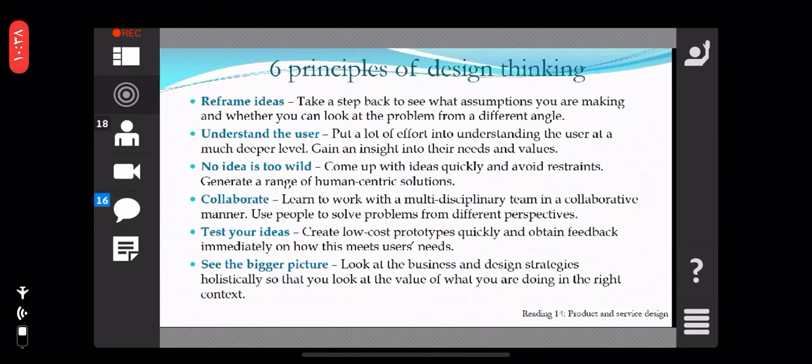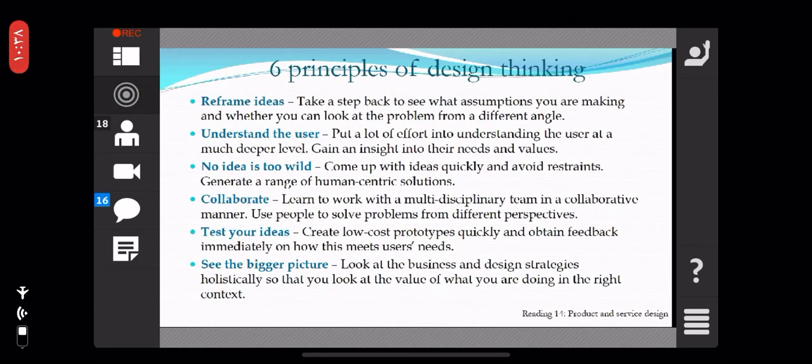There is a frame, but you are reframing. So you have an idea, but you are reframing your idea. Basically, this is taking a step back to see what assumptions you are making and whether you can look at the problem from different angles or not.